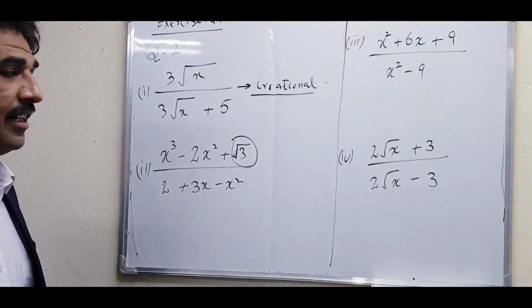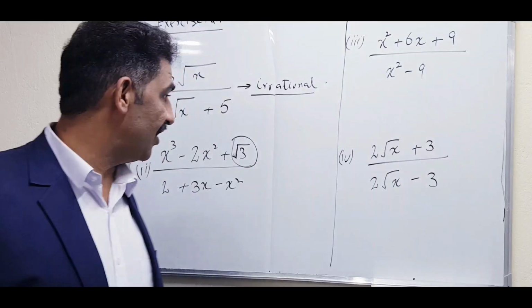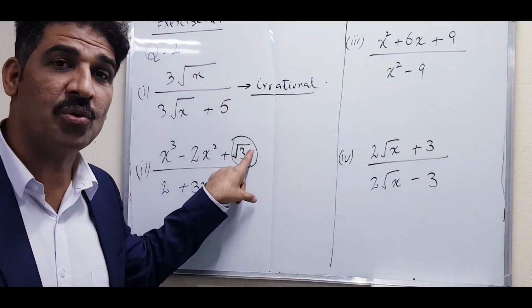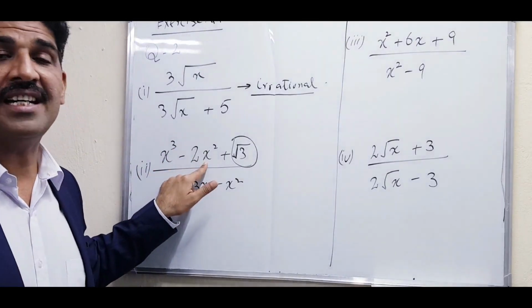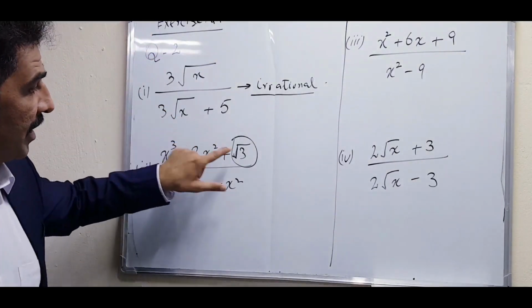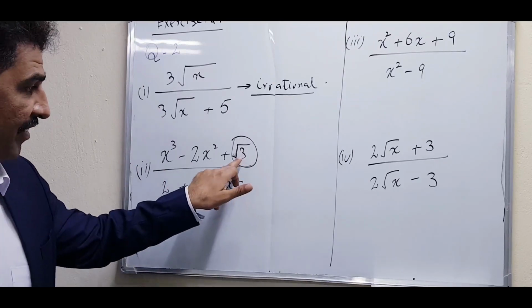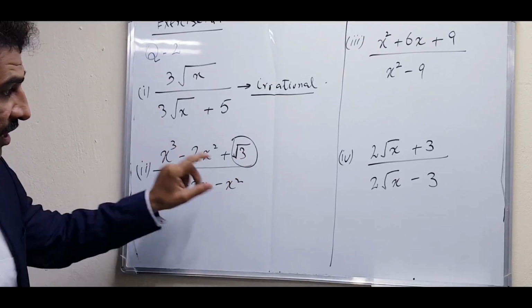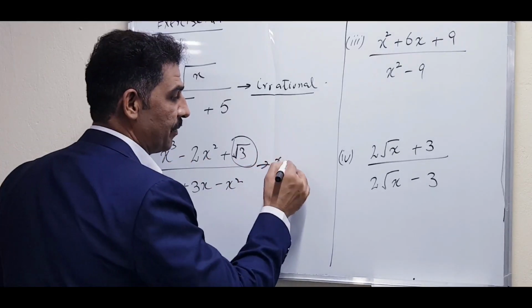Your question is right, but according to the statement, I told you that when a root or square root is applied on x, then it is irrational, like here, but there is no x with it. So there is no x within this root, and that's why this is a rational expression.